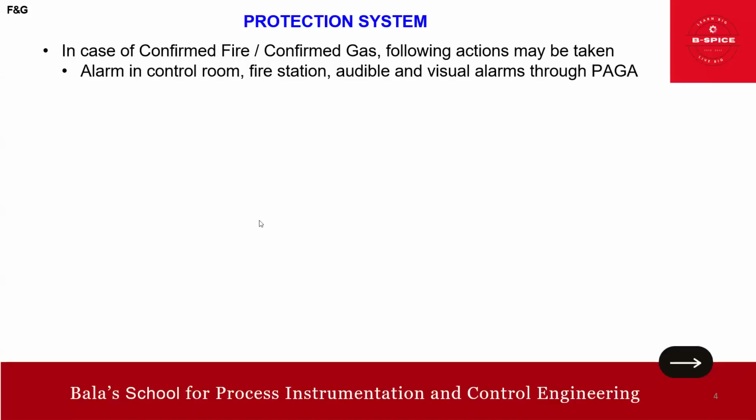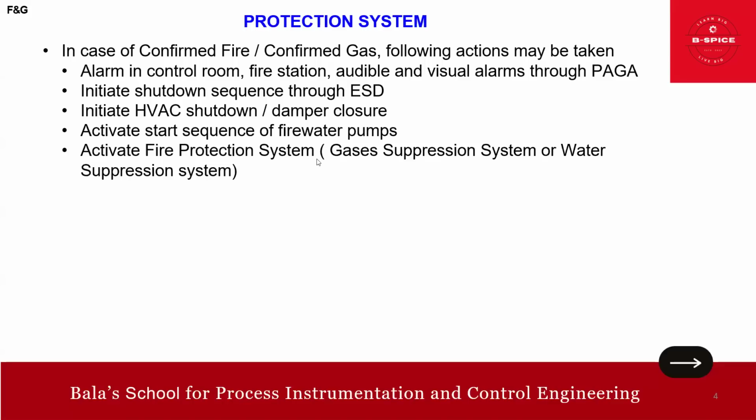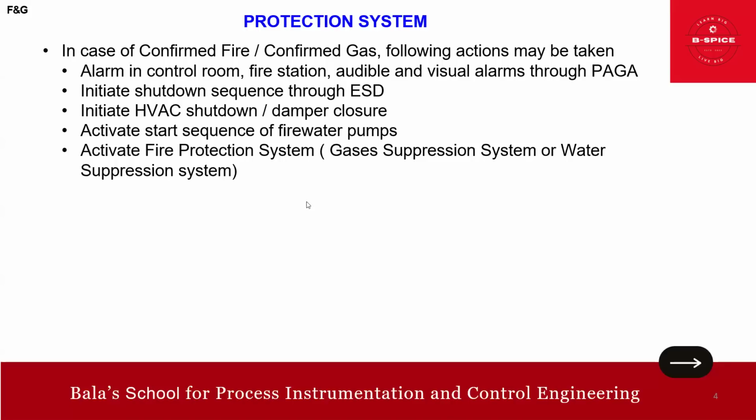Then initiate the shutdown sequence through ESD, initiate HVAC shutdown and damper closure, activate the start sequence of fire pumps, and activate the fire protection system, that is, gas suppression or water suppression system. So this is about the protection system actions.